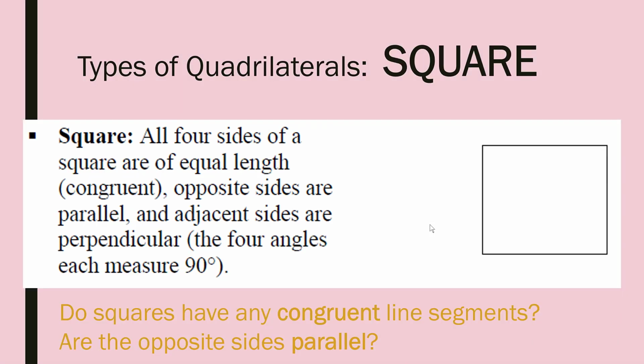A square has 4 equal sides, so we're going to call all of those congruent because they're all the same. They have opposite sides which are parallel to each other, and then they also have adjacent sides which are perpendicular. So the corners make perpendicular lines, and side to side they make parallel sides.